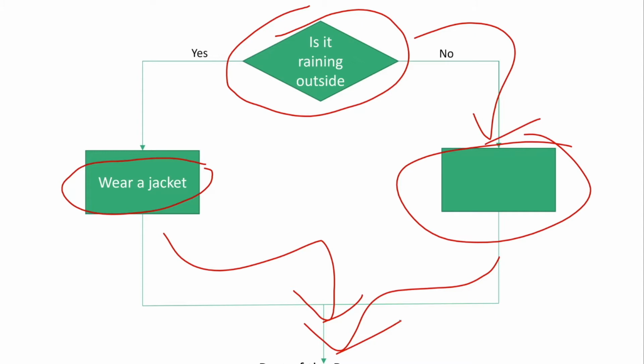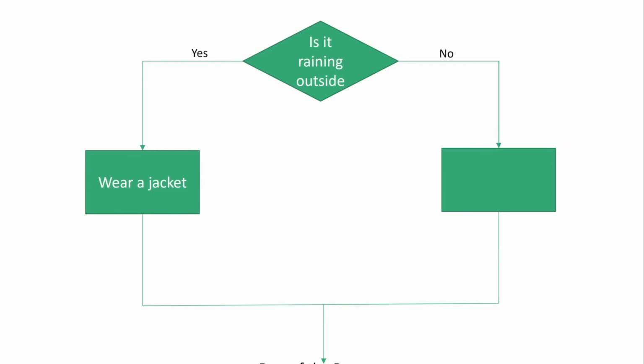So, when we were finding out which utensil to bring, instead of "it's raining outside," it was "is it an orange?" Right? Is it the lovely orange? Sorry for my drawing skills. It's a little hard drawing here, but let's just say this is an orange.